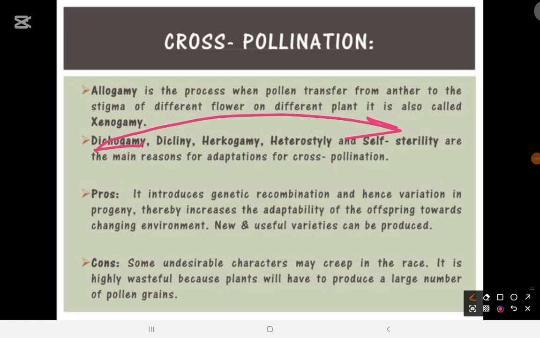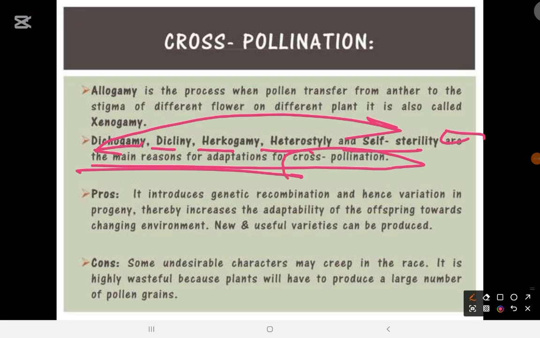So I'll just talk about them briefly. We have dichogamy, declinly, echogamy, heterostyly, and self-sterility. These are the reasons why cross pollination occurs. Okay?